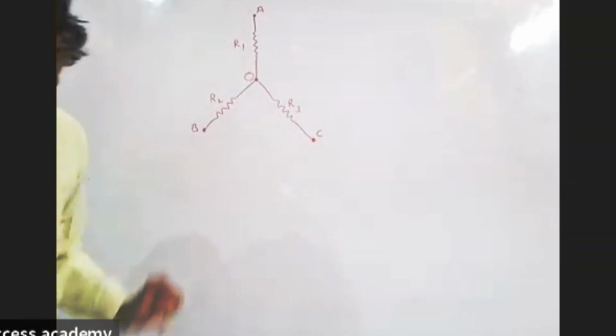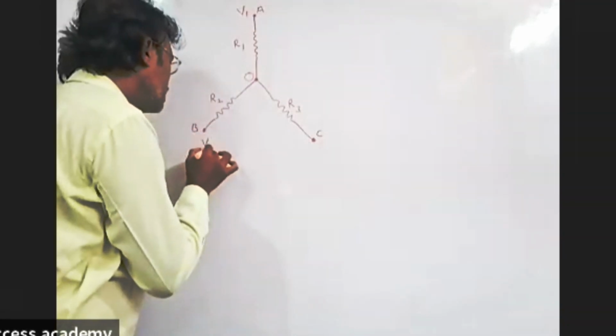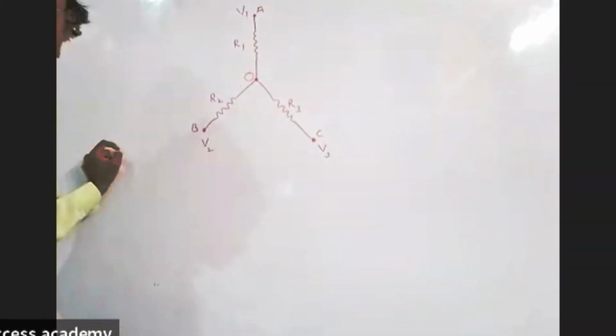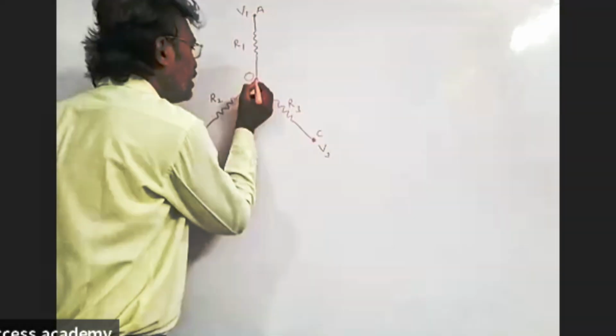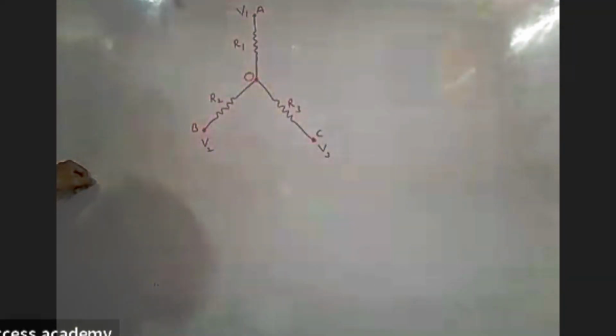Now, the potentials at points A, B, and C are given: at A, the potential is V1; at B, the potential is V2; at C, the potential is V3. Calculate the potential at point O. At this point, what is the potential that we need to calculate? Are you getting the question?